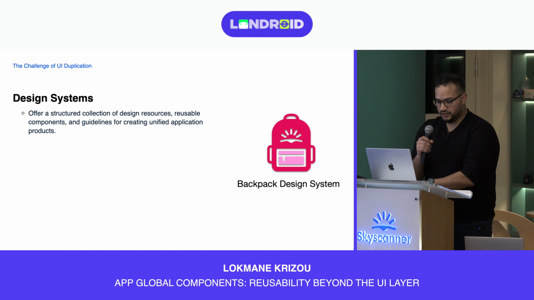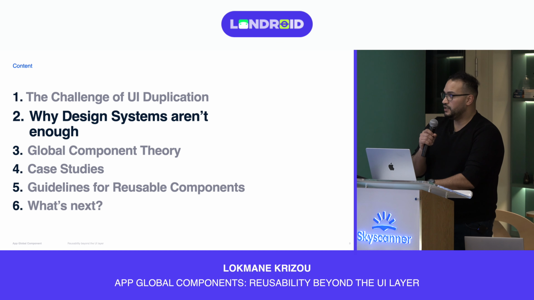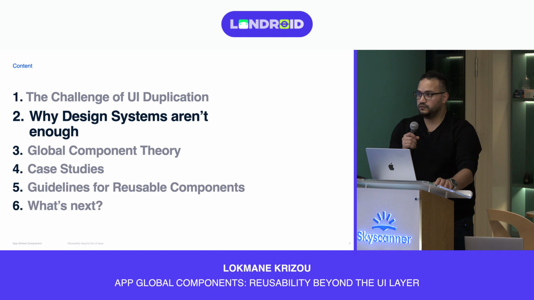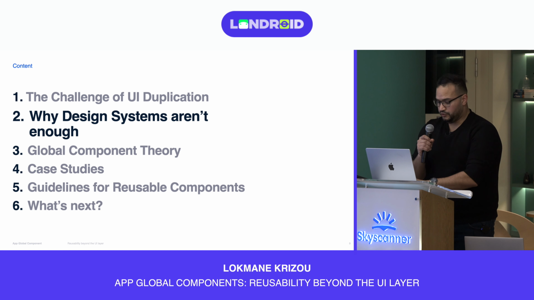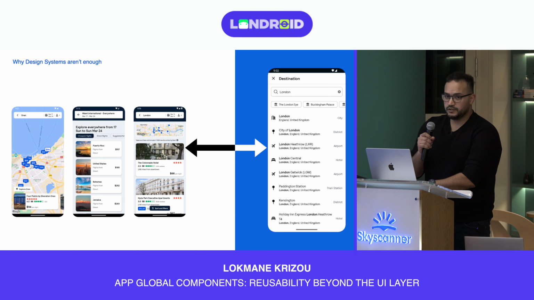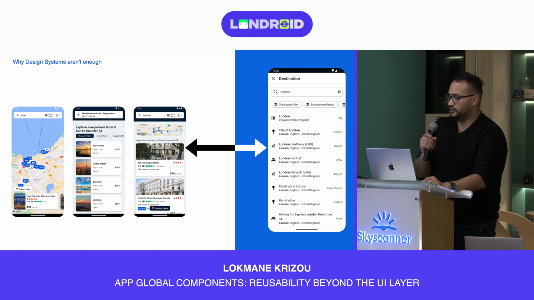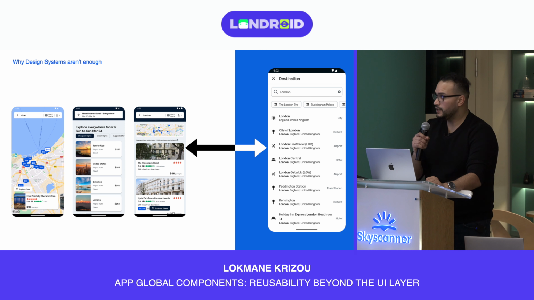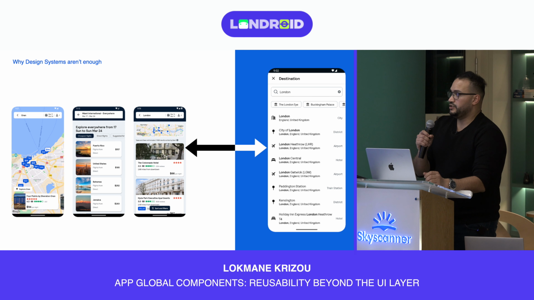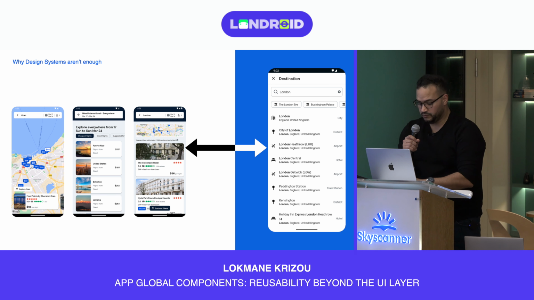But let's see why sometimes design systems are not enough for you to reuse your UI components or your features in general. So back again to the imagination, this time the project manager will come back and say, I need you to create this place selector component. As you can see, it's basically just typing the name, and then it will give you some results, and then you can select one of them.